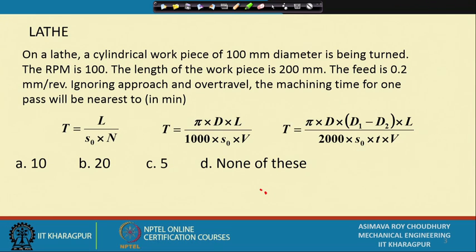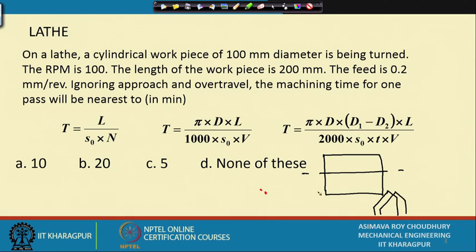So, here first of all, what is approach and over travel? If you have a cylindrical job of this type, say we are seeing it from the side and it appears like this, and the tool is here, the tool might be starting a little away from the job, and this might be the position.